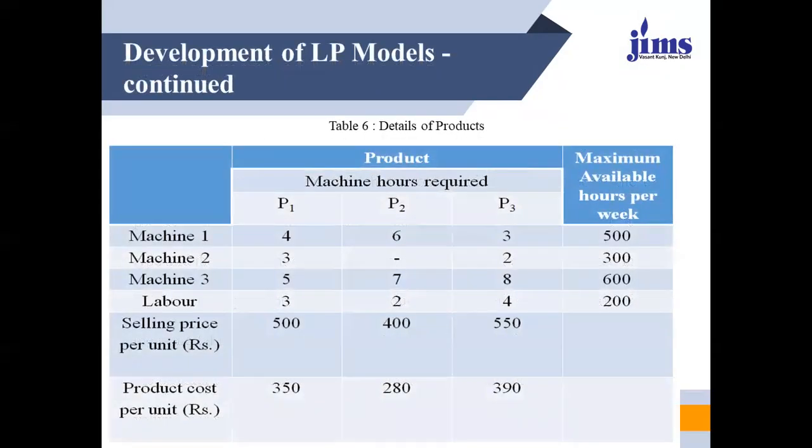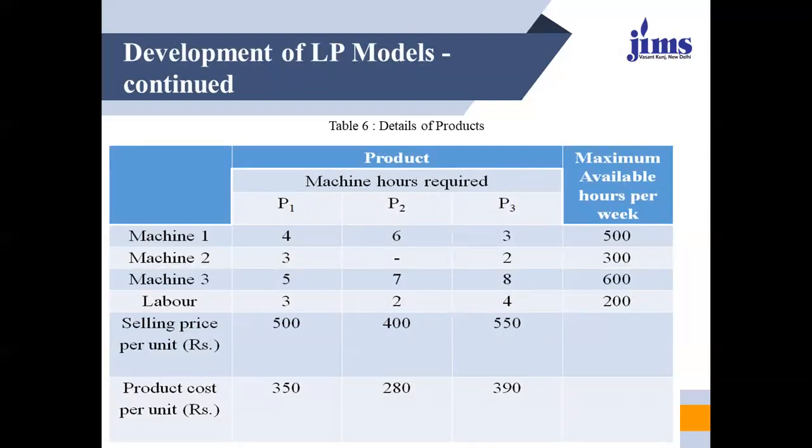So these are the details given. For production of product P1, you need 4 hours on machine 1, 3 hours on machine 2, and 5 hours on machine 3. Similarly, for production of product 2, you need 6 hours on machine 1, 7 hours on machine 3, no requirement of machine 2.